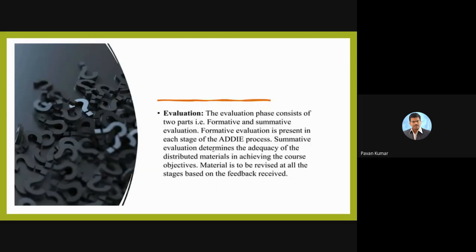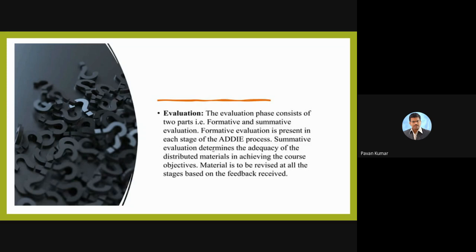Next, the evaluation phase. The evaluation phase consists of two parts, formative and summative evaluations. Formative evaluation is present in each stage of your process. Summative evaluation determines the adequacy of the distributed materials in achieving the course objectives.